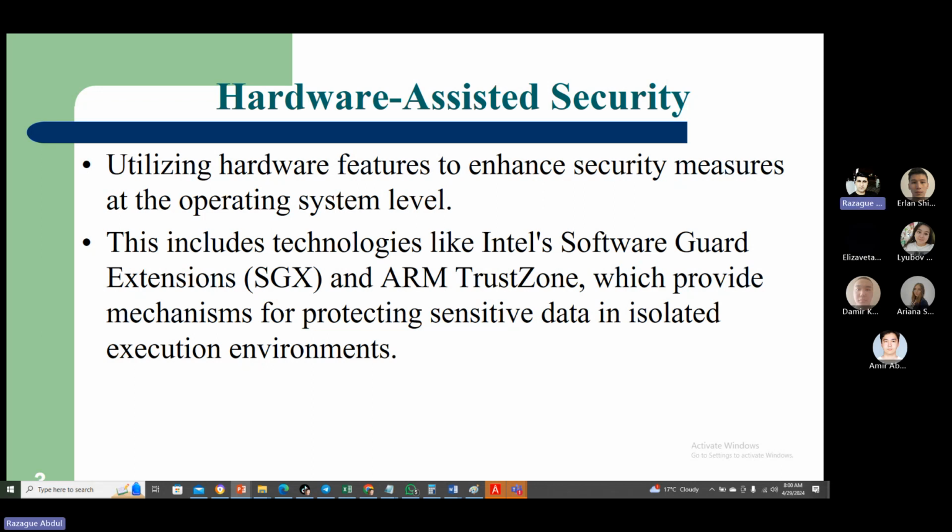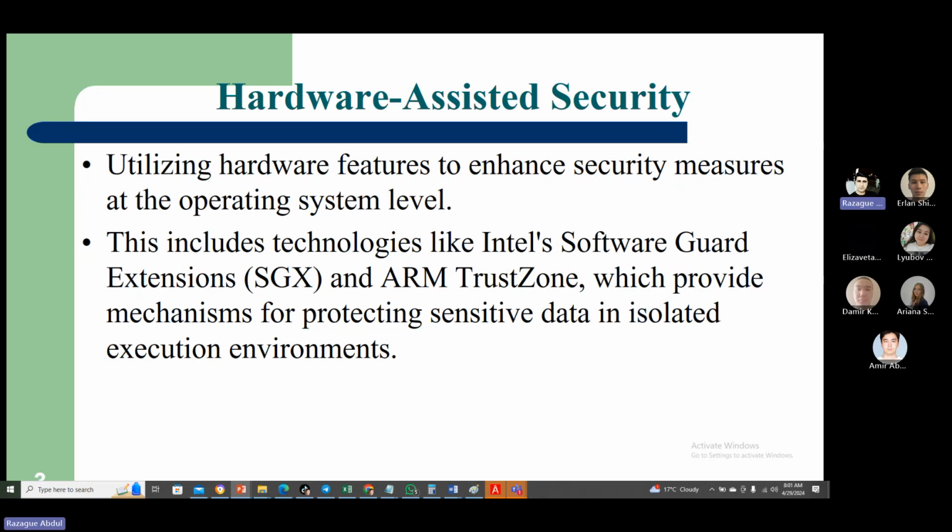For instance, in cloud computing environments, SGX enclaves can be used to secure cryptographic keys and personal data from other tenants of shared hardware, mitigating the risk of side channel attacks.